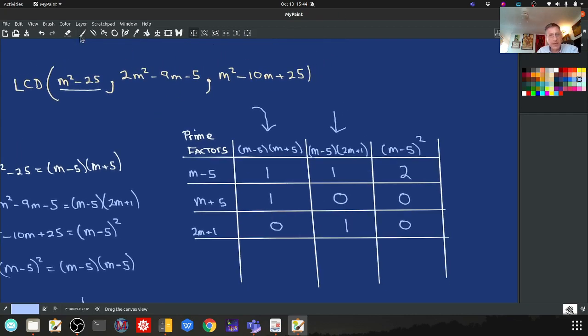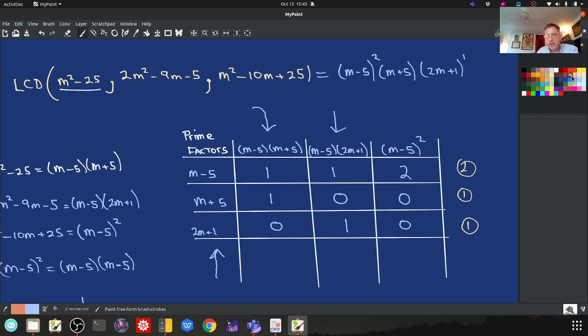The LCD of these terms is equal to each of my prime factors in my prime factor list, which is all of the 3 factors right here, raised to the highest number in the accompanying row. So that's going to be m minus 5 raised to the second power times m plus 5 raised to the first power times 2m plus 1 raised to the first power.